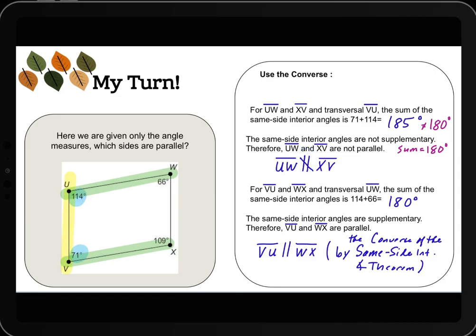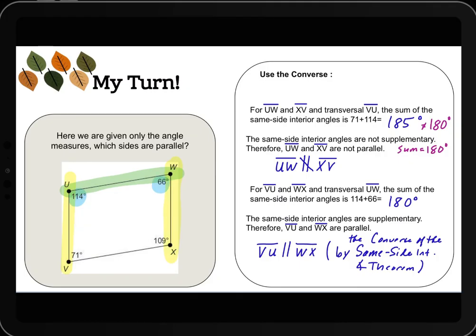Now, in the other case, we have the segments that are vertical here. So I've already highlighted using yellow, so I suppose I'll follow suit with WX, and that's fine. So here we have WX, and the line that's a transversal that they wish for us to focus on is UW, which is this line right here. So instead of focusing on 71 and 114, we're focusing on 114 and 66.